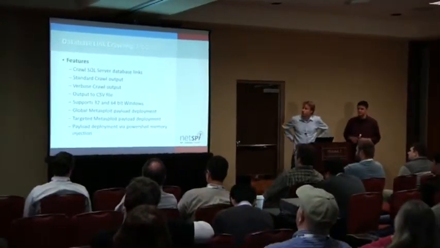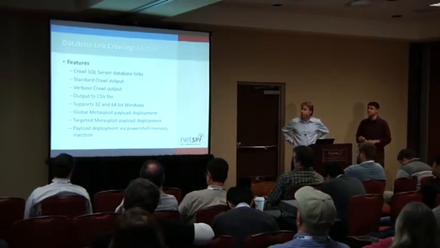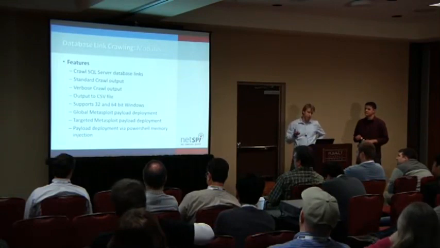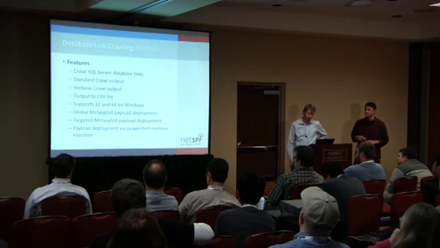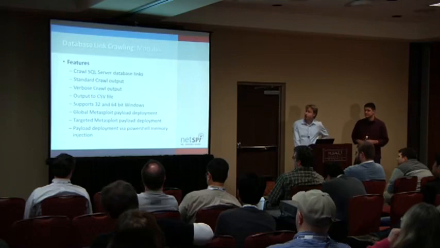And it does all the payload deployment through PowerShell memory injection. So it just has to put a really small file on the server. It executes it and pulls the payload from your reverse handler. So that should make it pretty hard for AV to catch it.